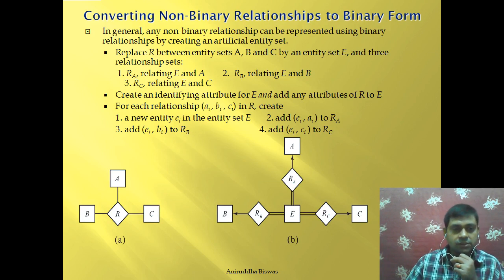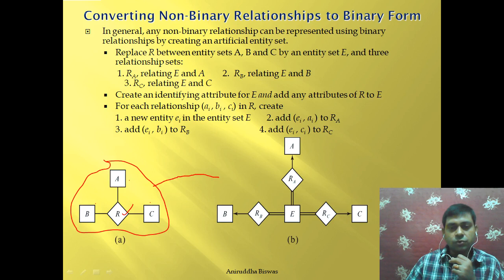Taking this first example here, there is a relationship R which is connecting three different entities. Now to convert it into a binary one, what we do is convert R into three different relationships, and in place of R we put E as a new entity.